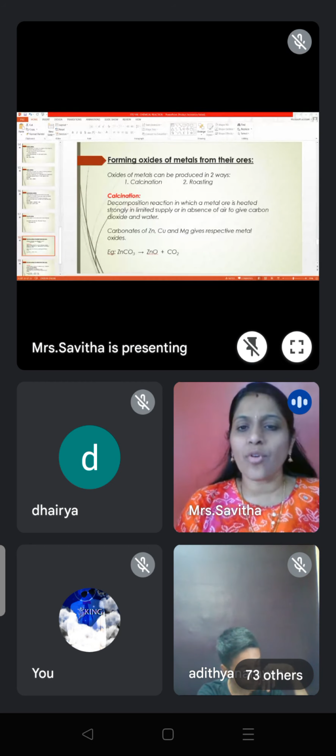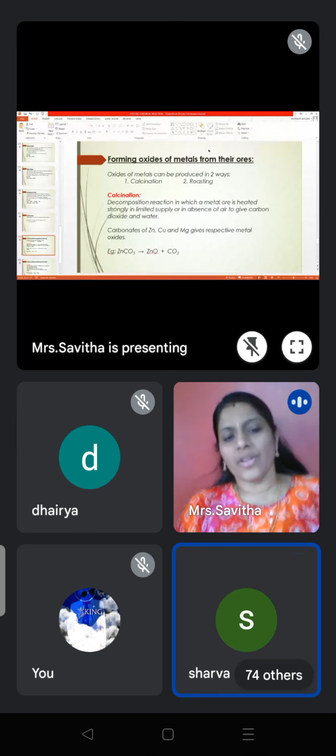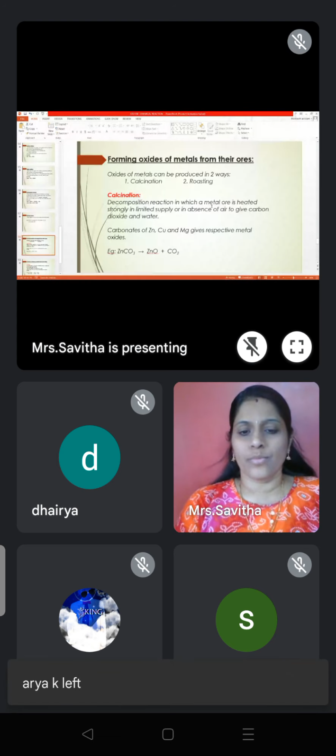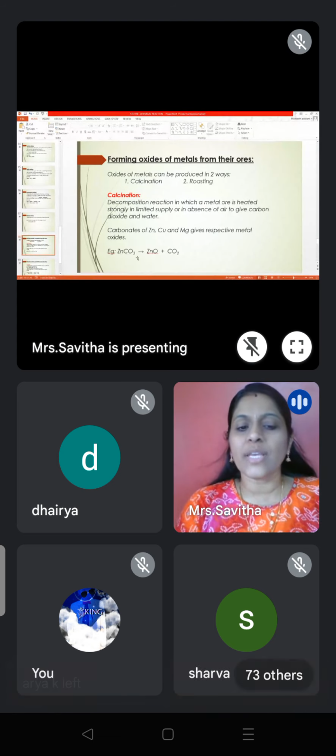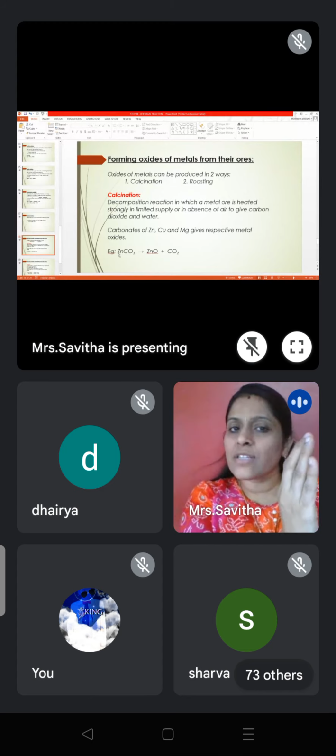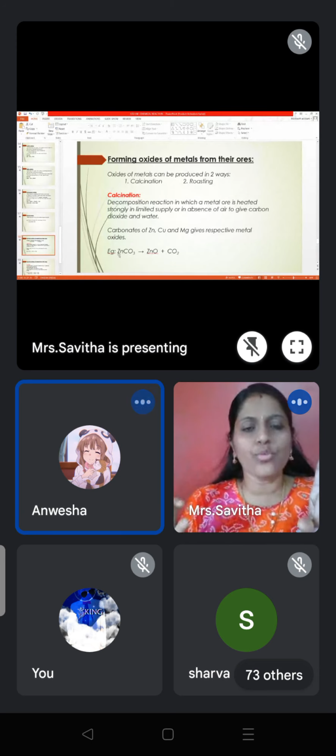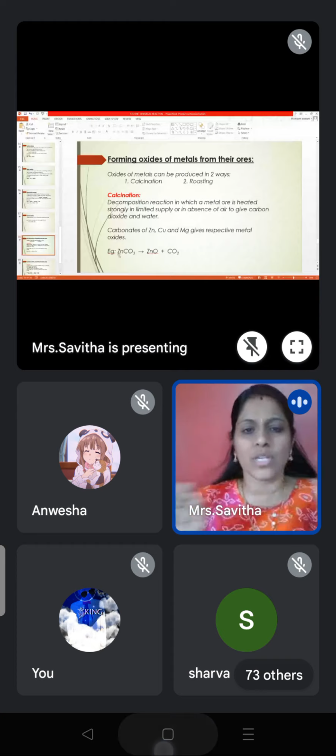Calcination follows the decomposition reaction, where a metal ore, here zinc carbonate, is the reactant. If it is a decomposition reaction, the reactant side should be one and the product side should be two or more.